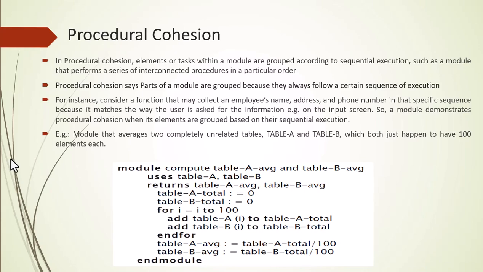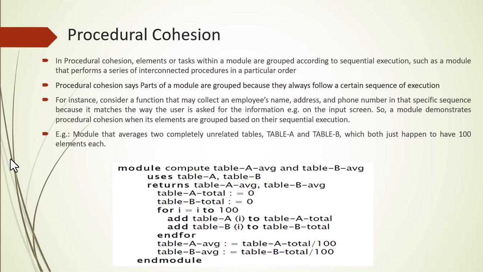Remember that in functional cohesion, sequence is not necessary. Maybe the elements or parts are executed in sequence but it is not mandatory. But in procedural cohesion, all the procedures and statements are executed in sequence for achieving the execution of one particular task.